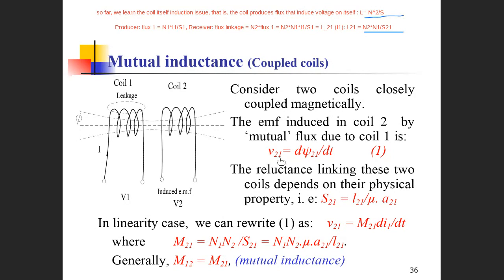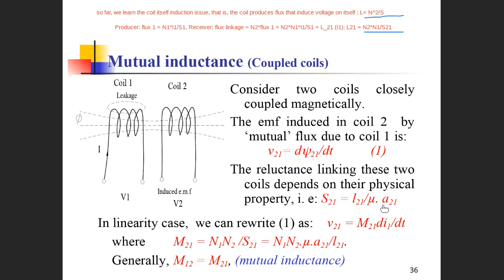And there is a magnetic flux path between coil 1 and coil 2. The path may be simple, may be complicated, for each coil. So there is a reluctance between coil 1 and coil 2.